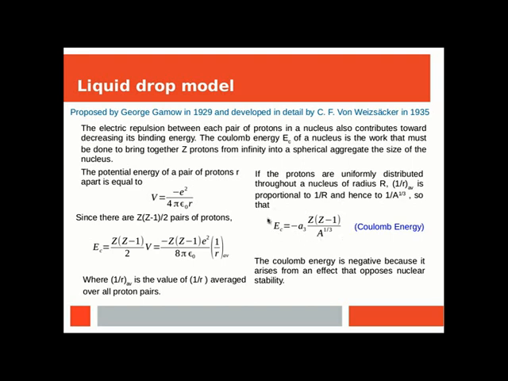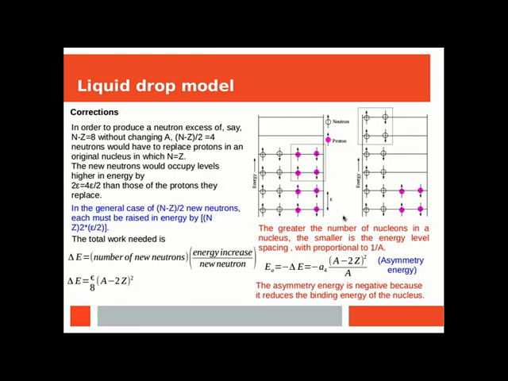This is called Coulombic energy, and it is again negative because it has this tendency of reducing the binding energy and stability. Now besides these three, there are two more effects, and hence two more types of energies which are negative to the binding energy.